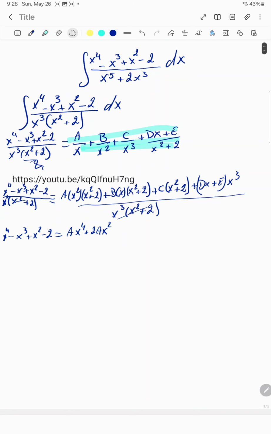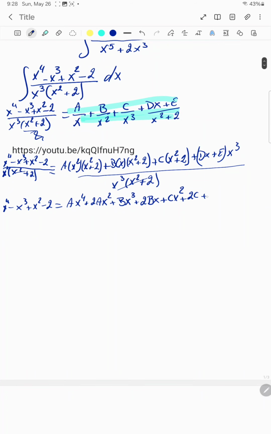And bx times x squared becomes bx to the power of 3, plus 2bx, plus cx squared plus 2c, plus dx to the power of 4 plus ex to the power of 3.